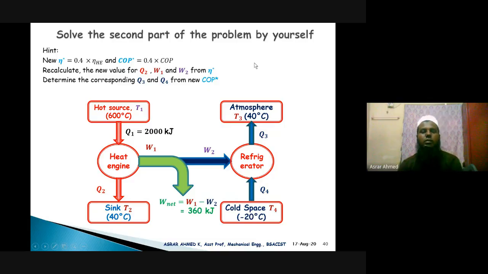So I'll share the image of this slide. If you want to take a screenshot, you can take it. Otherwise I'll share this image of this slide to your group. You have to solve it. I have told you many problems in between to solve by yourself, so you have to keep those problems ready.